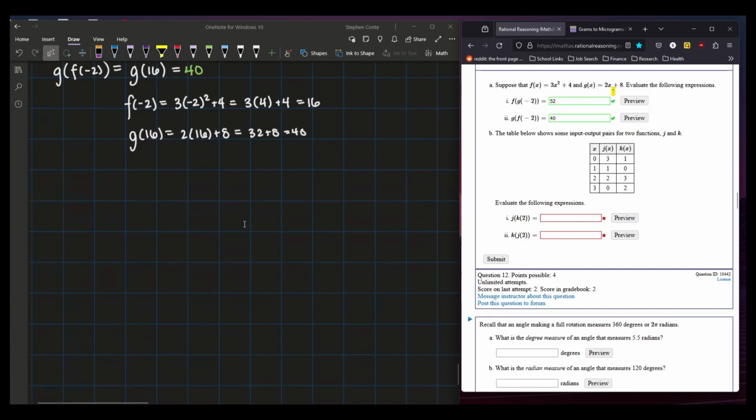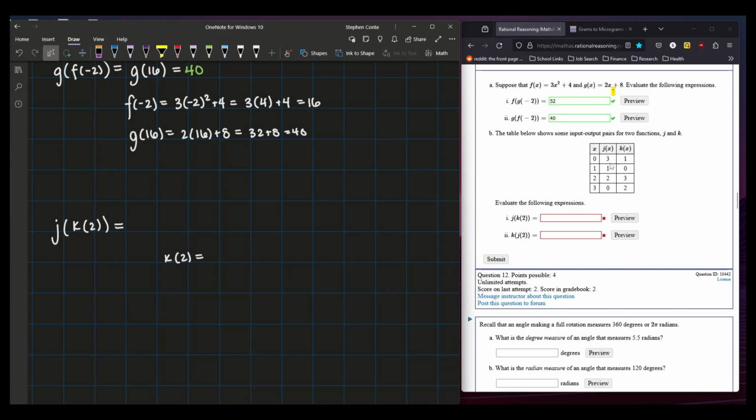Nice, okay. Second part, right? We're given a table. I want to know what j of k of 2 is. The first thing I need is k of 2. Let's come over here to x. x is equal to 2.